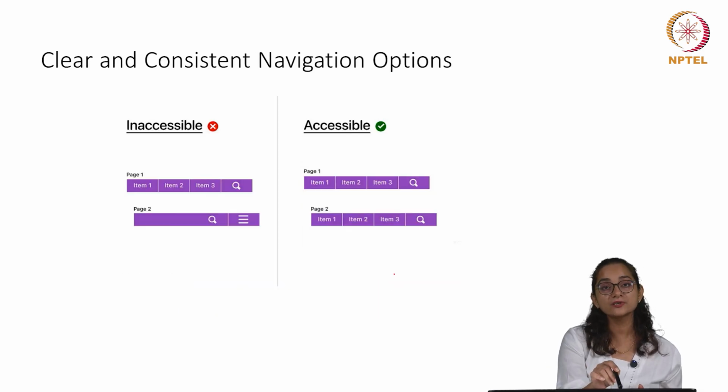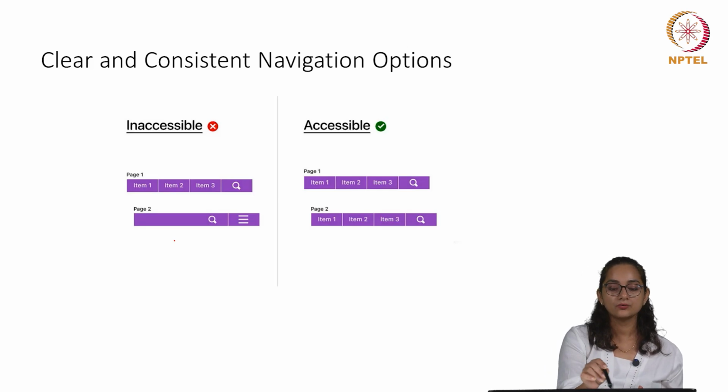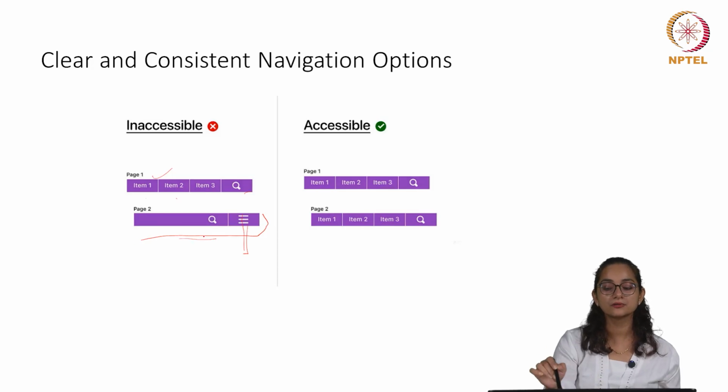Then the navigation options need to be clear and consistent. For example, page 1 has item 1, 2, 3 and then search. The moment you open some other page, the taskbar design changes. Here it starts showing a drop down, while the previous pages were not showing anything like that.